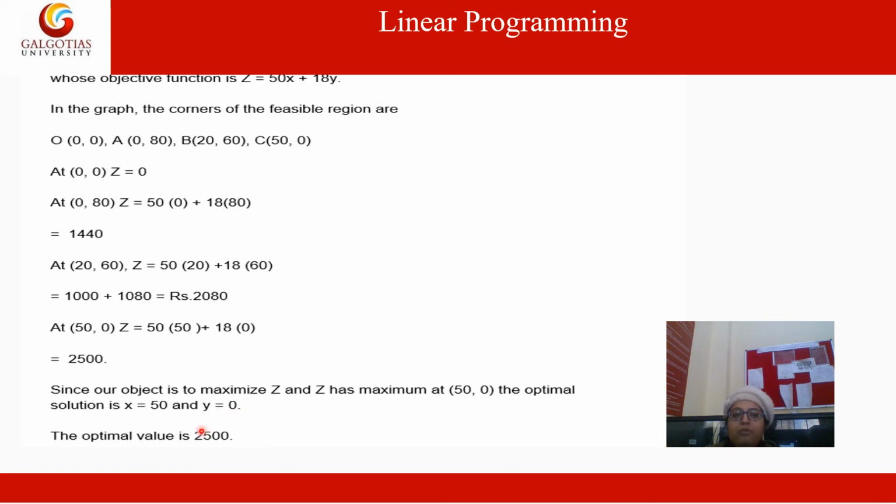Then the optimum value that we are receiving in this question will be 2500. So we can say that the optimal solution is x equals to 50 and y equals to 0 and the optimal value is 2500. I hope that this video will be very useful for understanding the concept of linear programming in a better way.